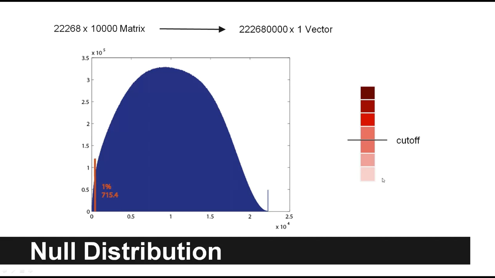So for a sorted rank product vector of an experiment, all the genes that have a rank product smaller than 715.4 will be the genes that are significantly differentially expressed, and all the genes that have a rank product larger than 715.4 are insignificant genes. So this is how we estimate the cutoff.